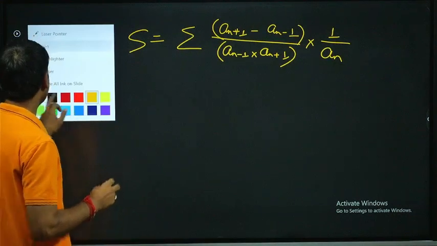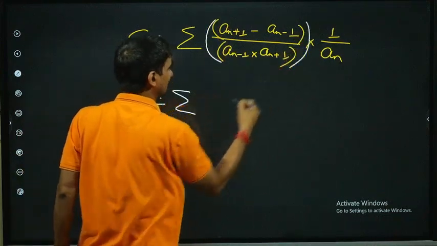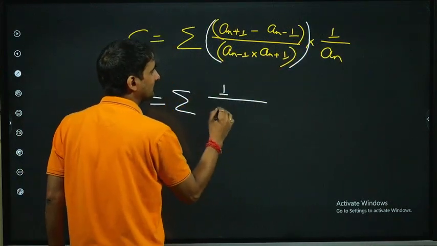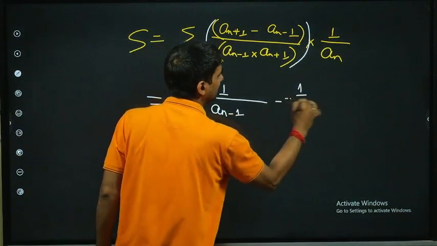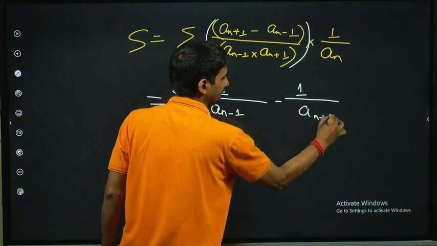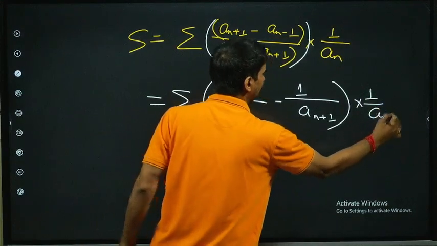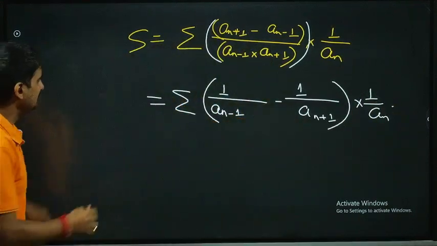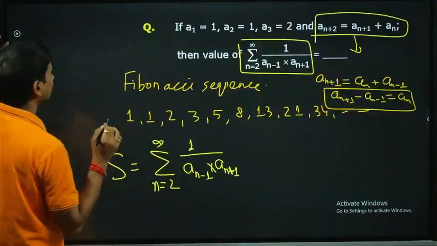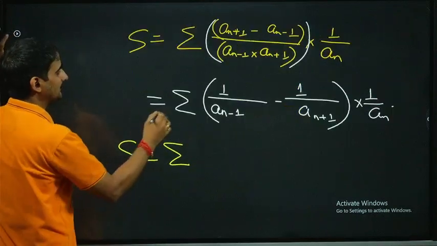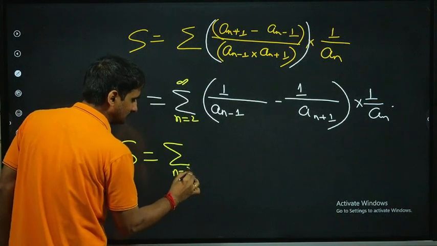Now see what happened. I can write this entire thing as the difference of two consecutive terms, which is 1 by a(n-1) minus 1 by a(n+1), to 1 by a(n). And I was really lucky here that we got the answer. So n goes from 2 to infinity. Now look how.